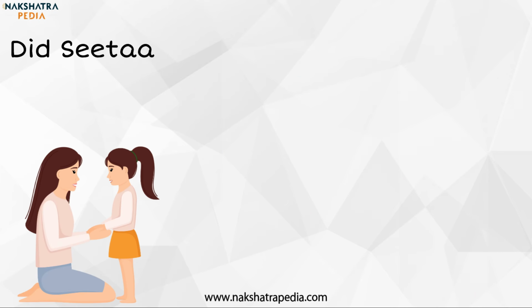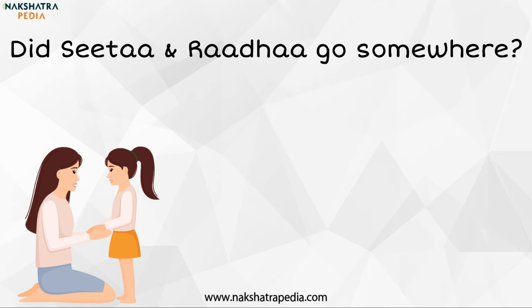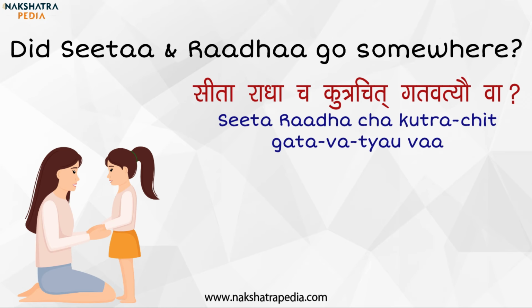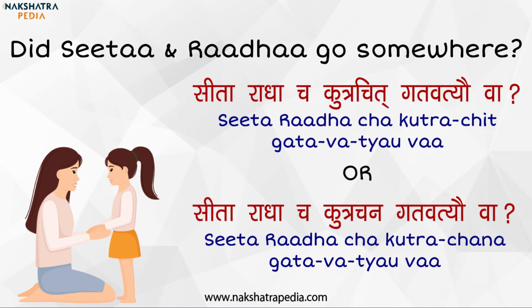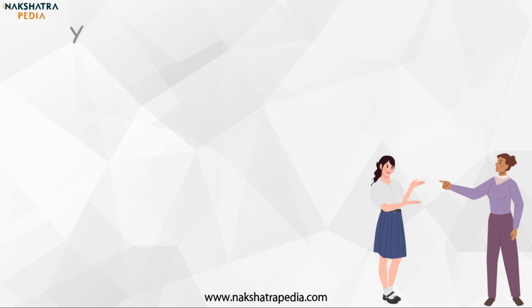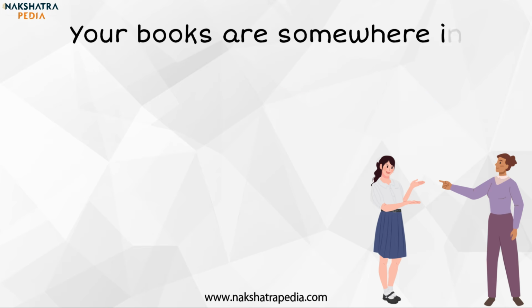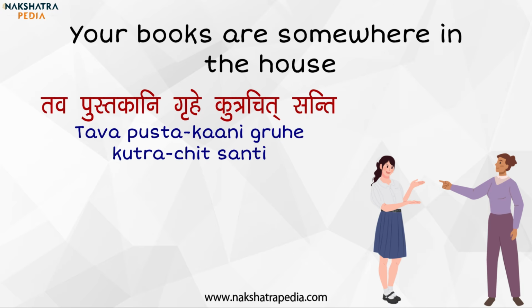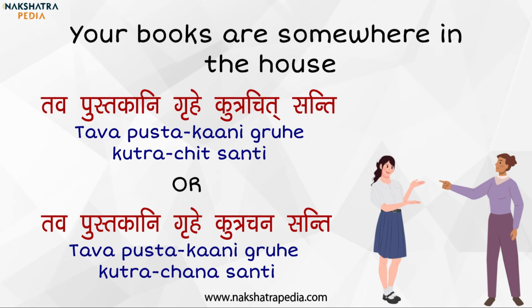We can also have a sentence like did Sita and Radha go somewhere? Then it will be Sita Radha cha kutrachit or kutrachana gatavatyau. Or your books are somewhere in the house. Tava pustakani gruhe kutrachit or kutrachana santi. So that is how we use Kutra with Chit Chana Pratyaya.